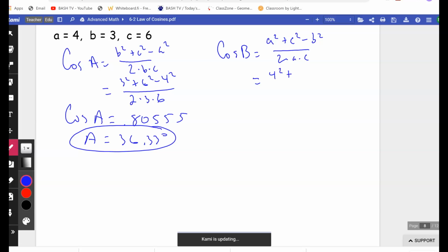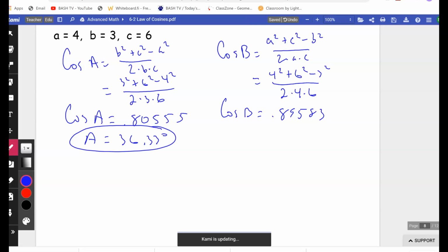So 4 squared plus 6 squared minus 3 squared, 2 times 4 times 6. All right, so we're going to type that in. So we get cosine B, 0.89583.